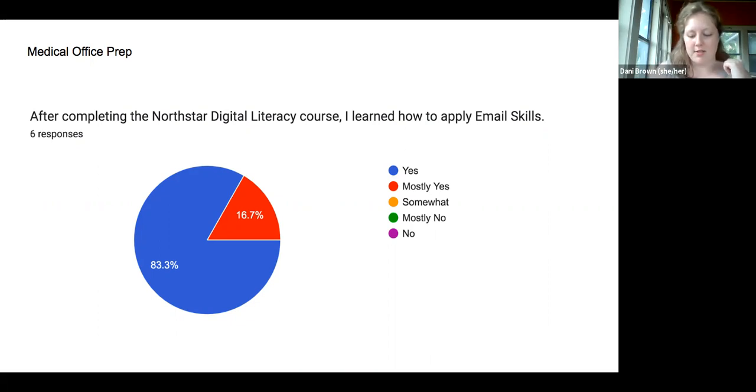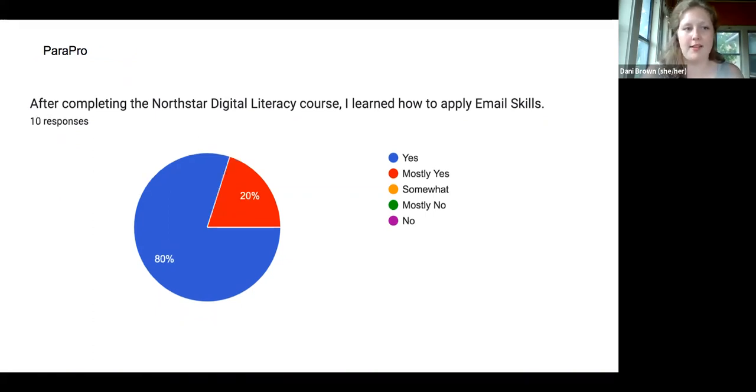As Carlin mentioned, the learners were paired with education assistant or teaching assistant mentors at SPPS, St. Paul Public Schools, and they exchanged weekly emails in the parapro class. This was the first skill they learned, and this is them rating, after the class, the quality of what they learned. This is pretty good if it's saying that it helps them actually apply their email skills to emailing with another professional.